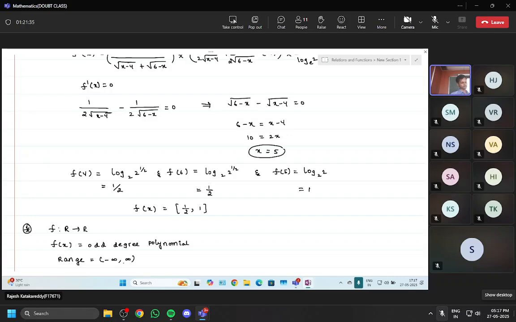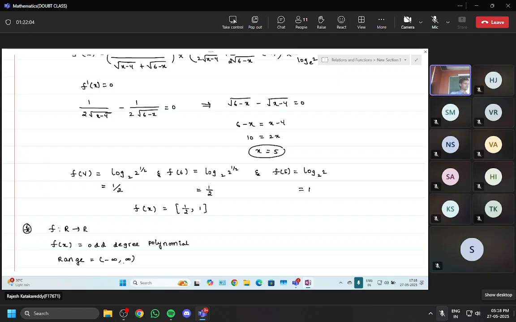How to prove that it is into or onto? It is x plus cos x only, no. See, there are two functions. Cos x is always between minus 1 and 1. So about the range, the unbounded function x will decide.